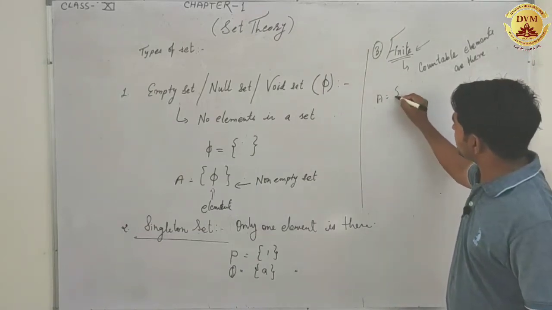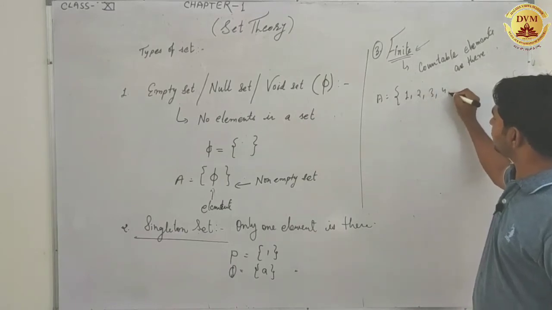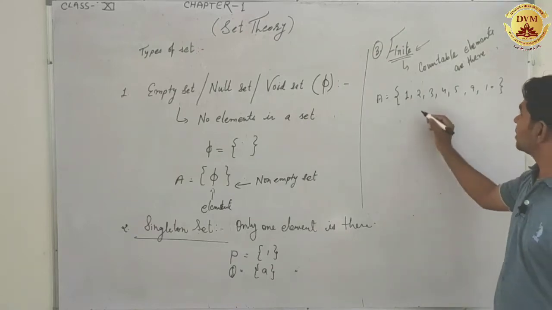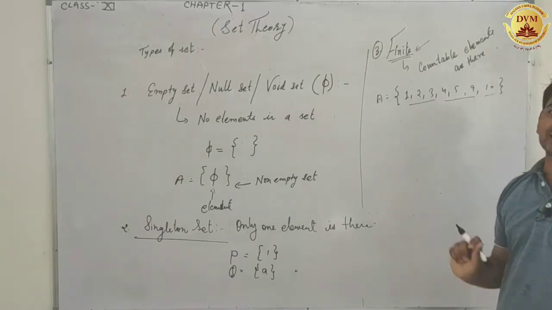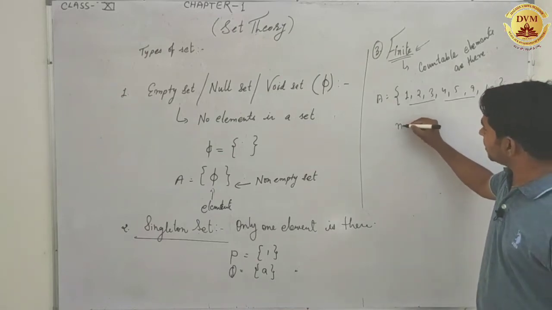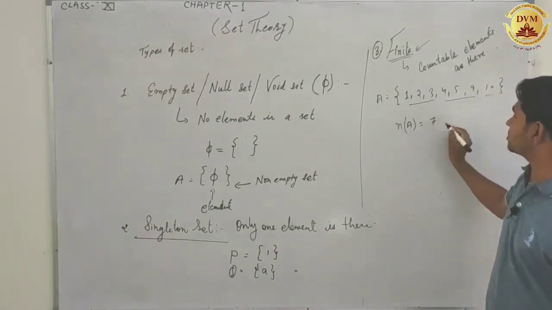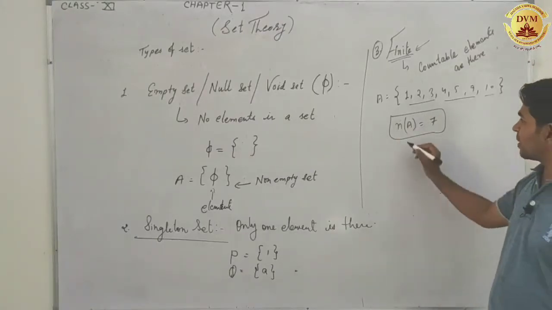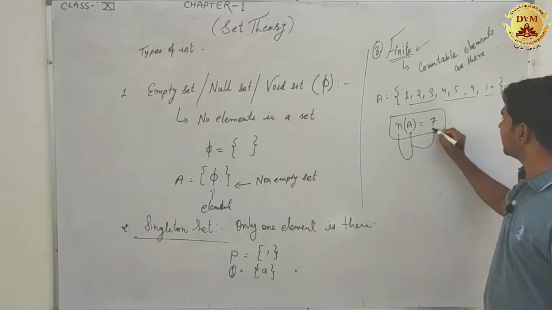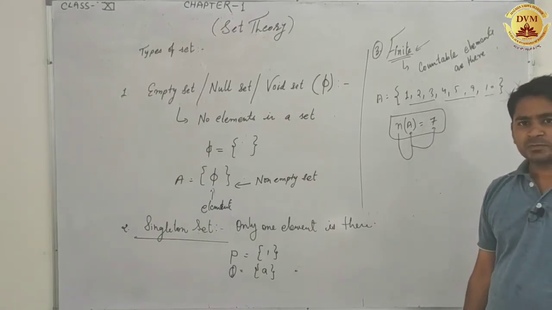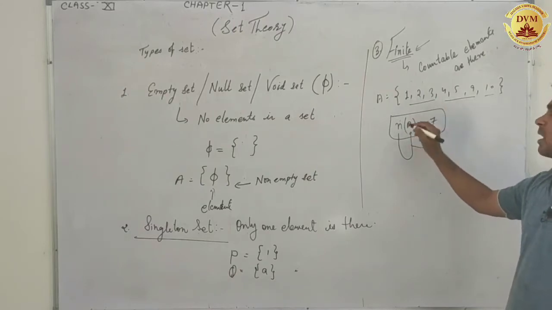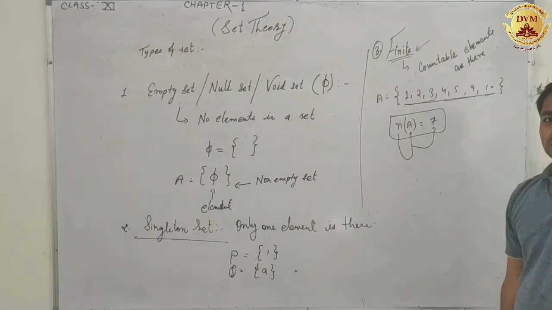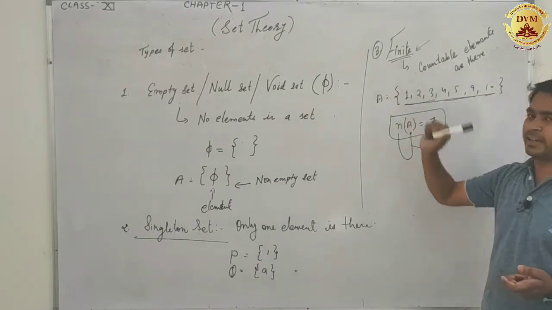Suppose A is equal to {1, 2, 3, 4, 5, 9, 10}. The number of elements in set A is 7, and we can count all these elements: 1, 2, 3, 4, 5, 6 and 7. So it comes under finite.